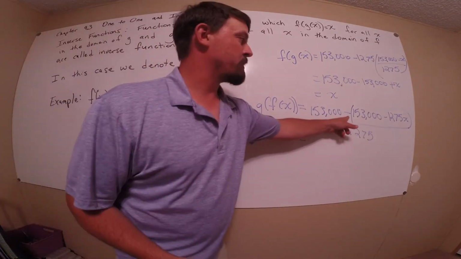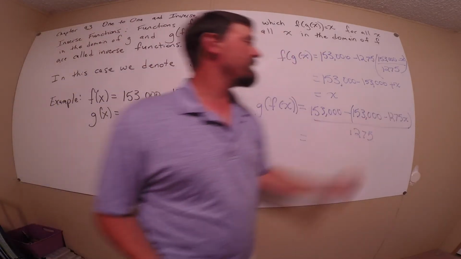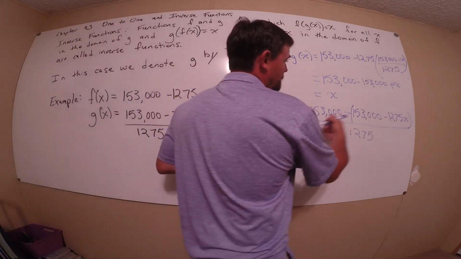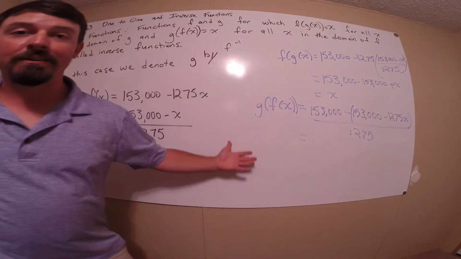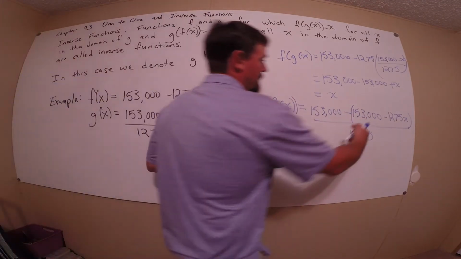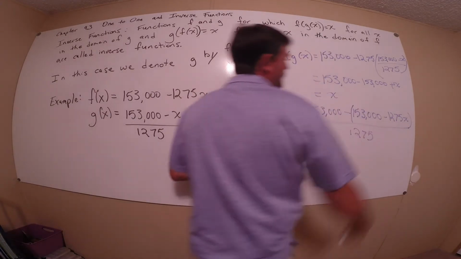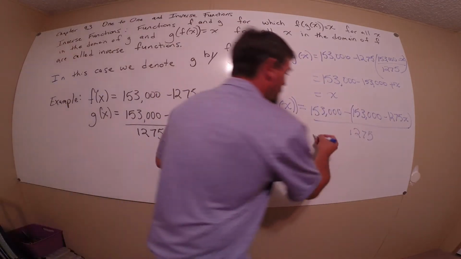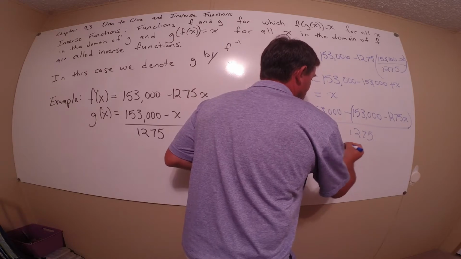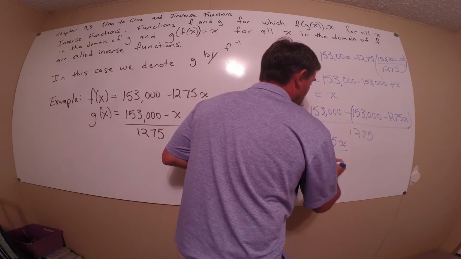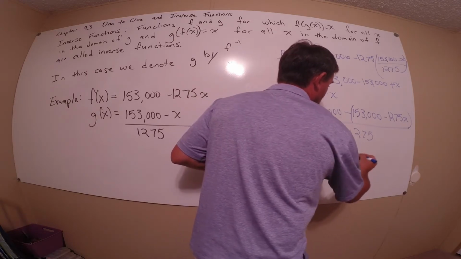Okay, so if I distribute this negative here and here, what I'm going to get is 153,000 minus 153,000, which is a 0. And then a negative times a negative gives me a positive 1,275x over 1,275.